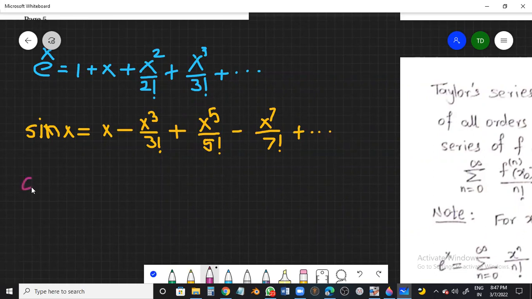Then you can talk about the expansion of cos x. The expansion of cos x contains only even degrees.